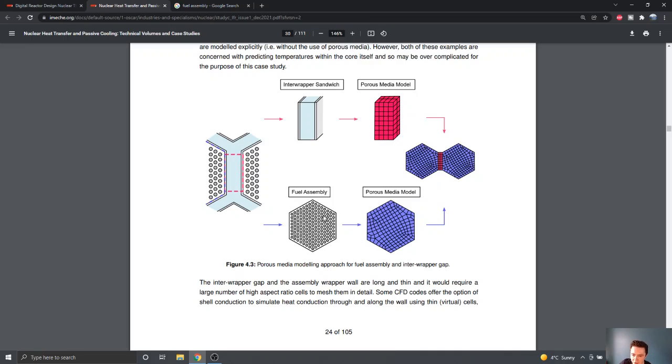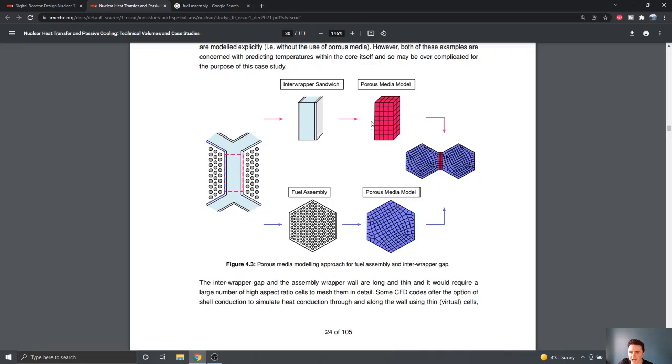You can see that here in the diagram. The first thing we're going to do is model the entire fuel assembly as just a hexagonal block of porous material. In that porous material, we can of course apply loss coefficients, so we get the right pressure drop across the fuel assembly, and also apply a volumetric heat source, so we get the same heat coming into our coolant that represents the heat that would be given off by these fuel rods.